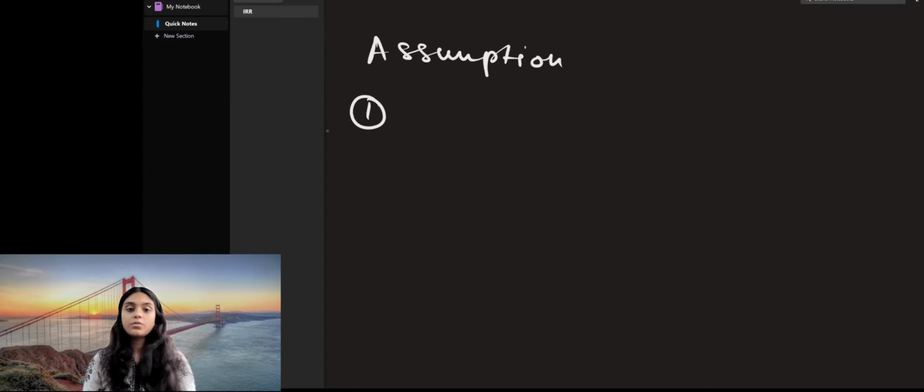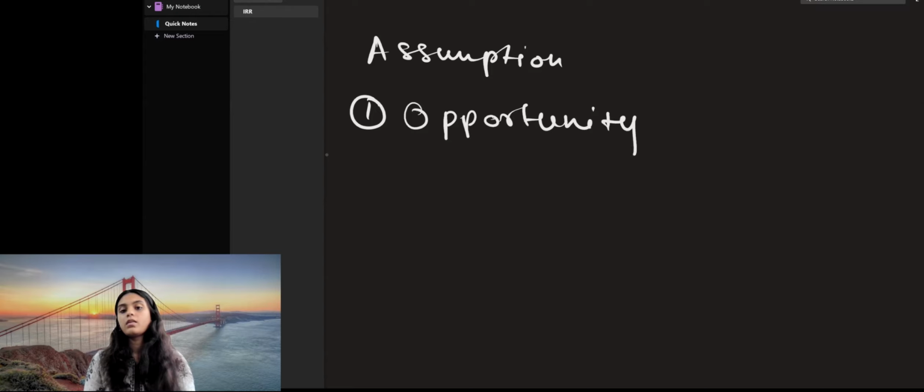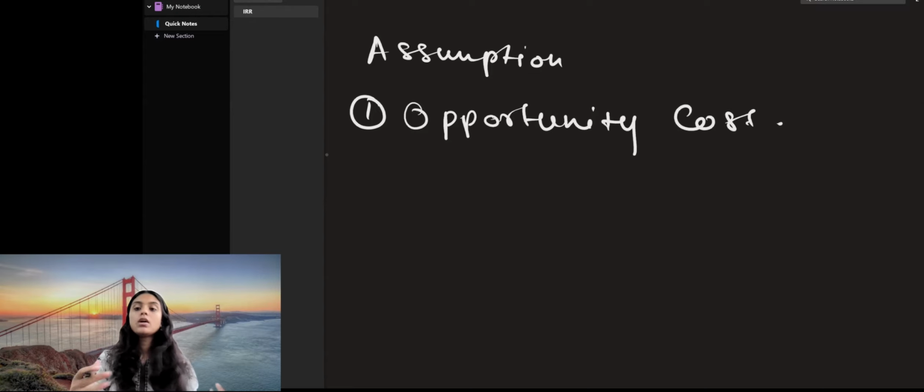What is the first assumption? These assumptions are technically those that are assumed while calculating the IRR, and they affect the results if they are changed. So first is opportunity cost. Now, what is opportunity cost?